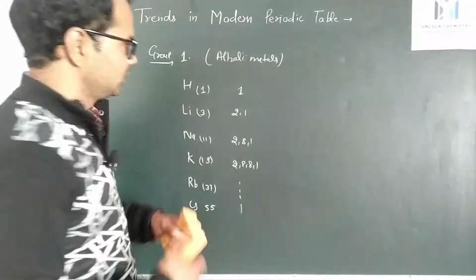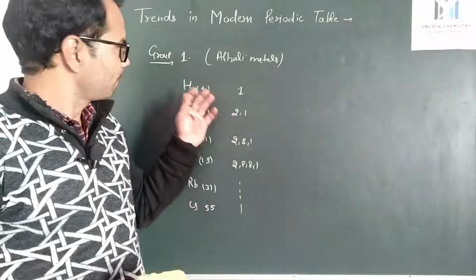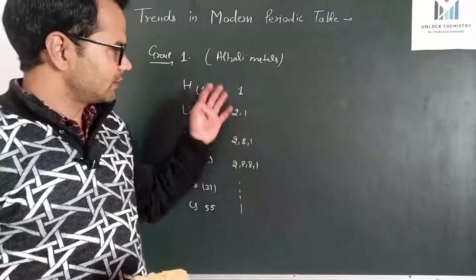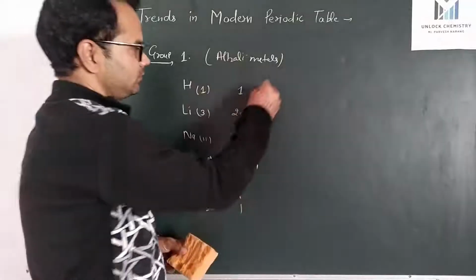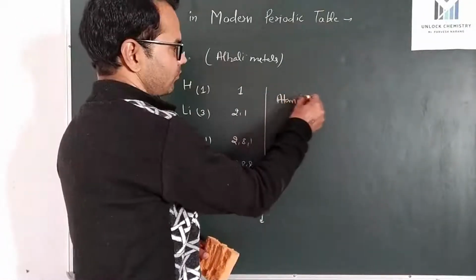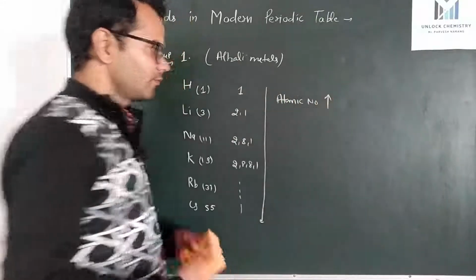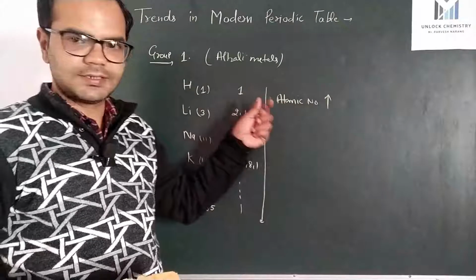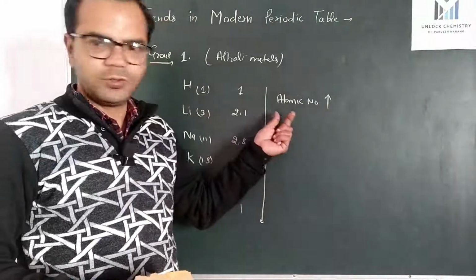And so on. So to understand how it varies in a group, we can see down the group atomic number increases. As a result, net nuclear charge increases.